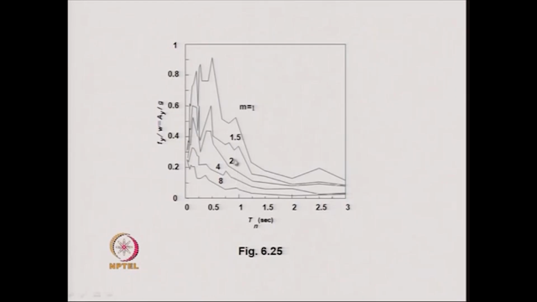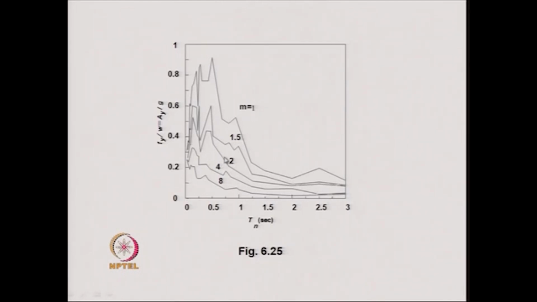So, for a given value of mu and a time period T and for a specified value of damping, one can read from this ordinate the value of Ay by g and hence the value of Fy, and this Fy can be obtained simply by multiplying m with Ay, and one can get the value of the yield strength corresponding to a particular value of mu.